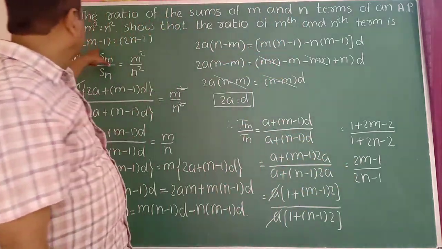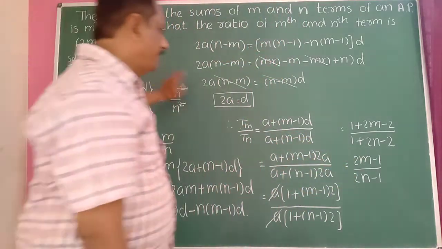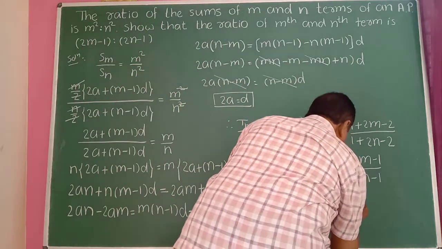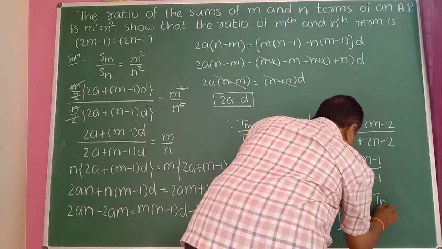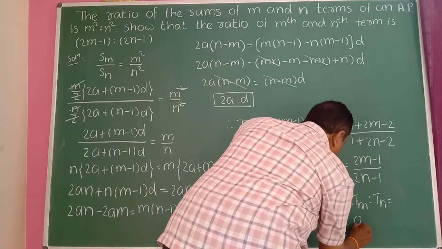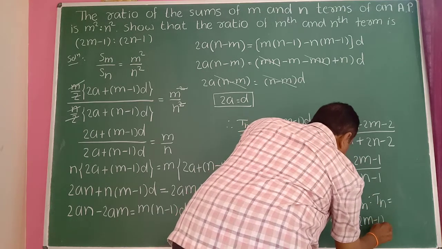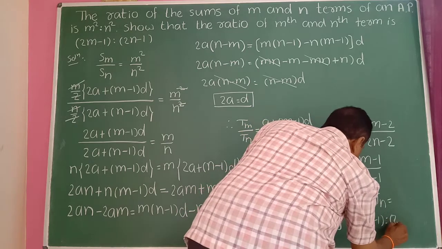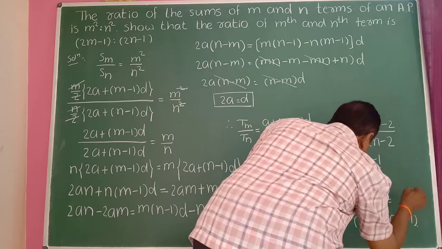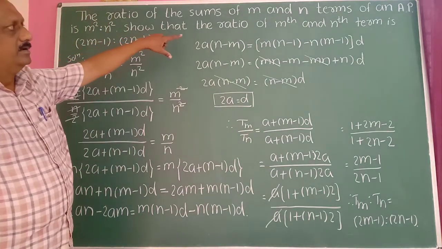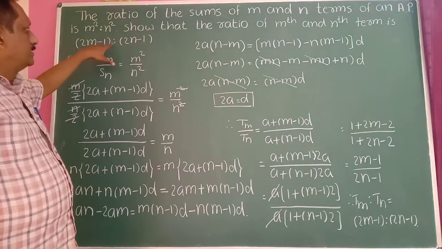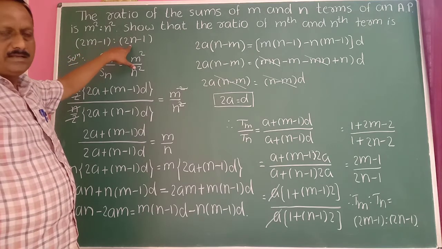You can write like this: Tm is to Tn is equal to 2m minus 1 is to 2n minus 1. So this is the required result. The ratio of mth and nth term is 2m minus 1 is to 2n minus 1.